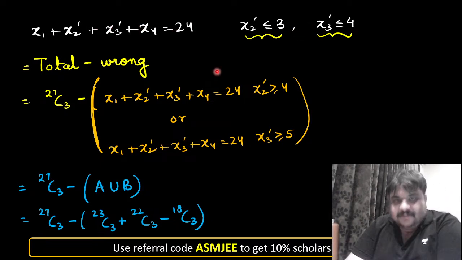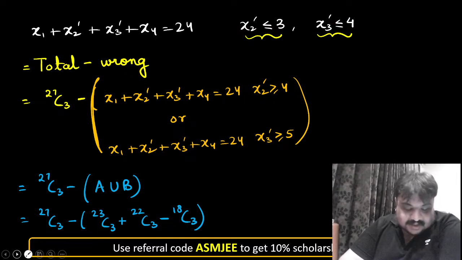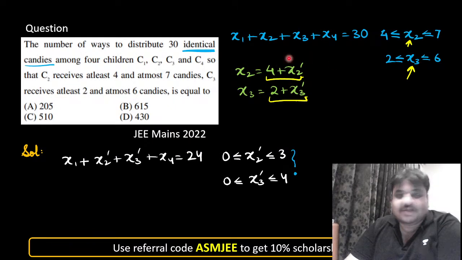And remember, in such questions, if there is an upper limit to any variable, we apply total minus wrong concept. For lower limit, we apply this dash wala funda. That is the reservation process. For lower limit, you can take care of with respect to dash using dash.